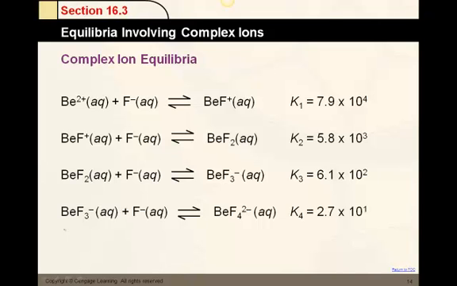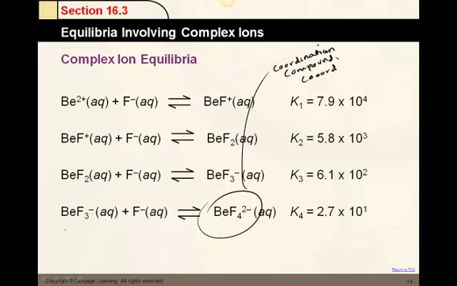The number of ligands attached to a metal ion is called the coordination number. So in this final coordination compound, the coordination number is 4 because there are 4 fluoride ions attached to beryllium. That's a really good multiple choice question.